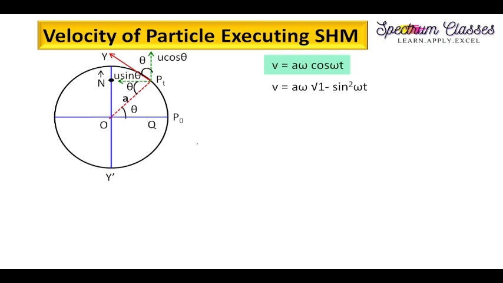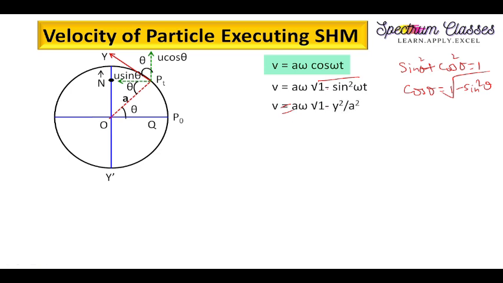Now for this velocity, we use sine square theta plus cos square theta is equal to 1. Then cos theta will be equal to under root 1 minus sine square theta. I have kept the value of a omega cos omega t as a omega under root 1 minus sine square omega t. Right, so what is sine omega t? Sine omega t is equal to y upon a, because y is equal to a sine omega t.